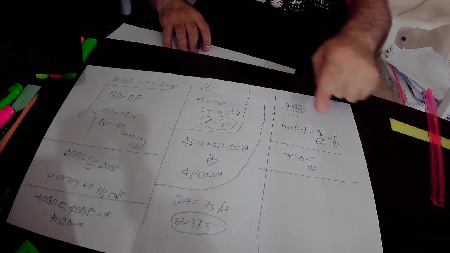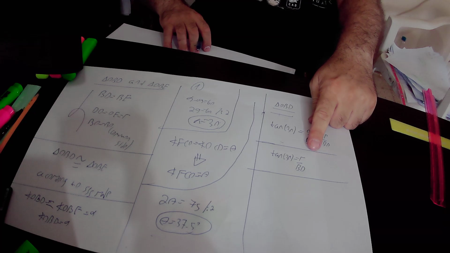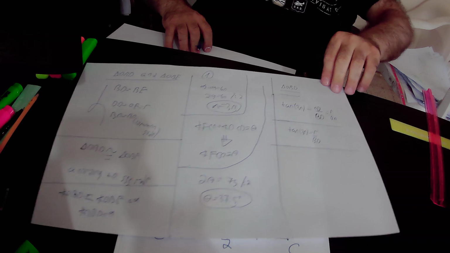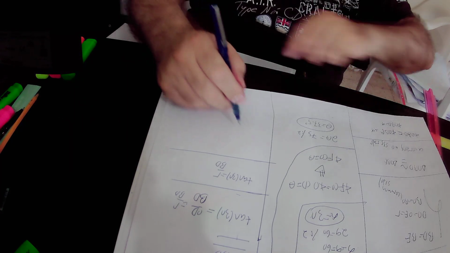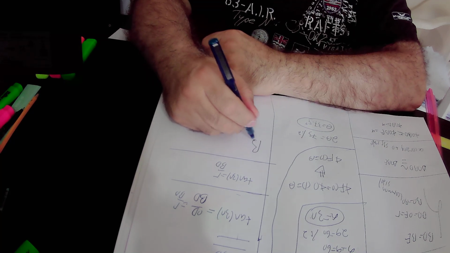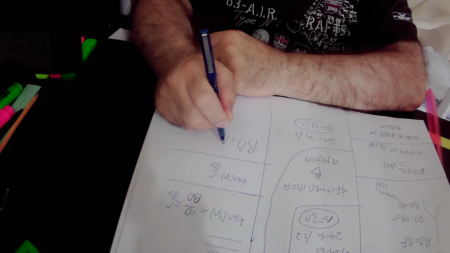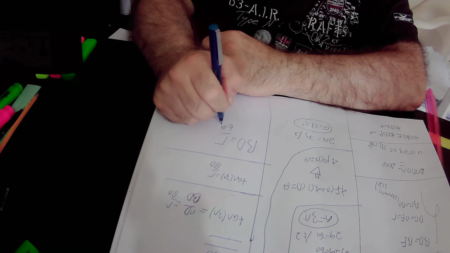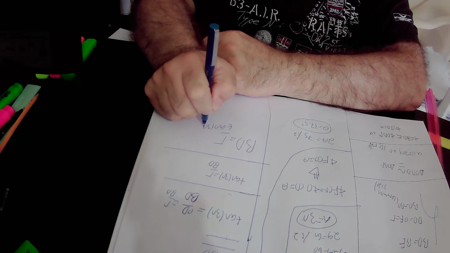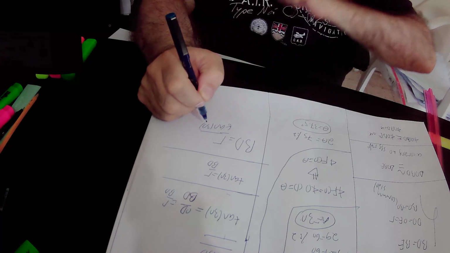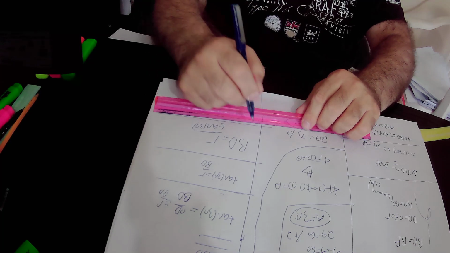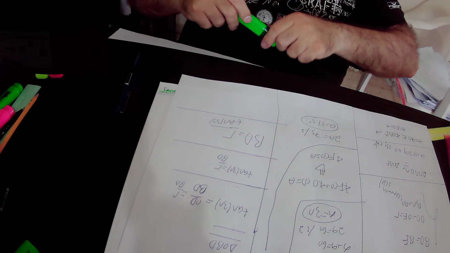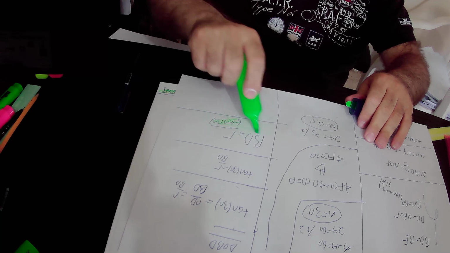We multiply this equation by BD and then divide it by tangent 30 degrees, and we get that BD is equal to R over tangent 30 degrees. We found out that BD is equal to R over tangent 30 degrees.